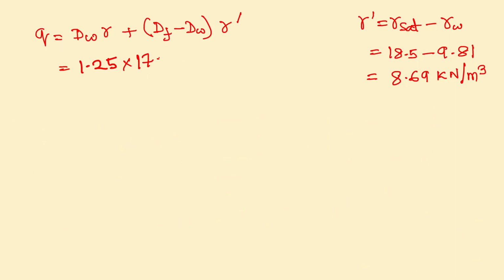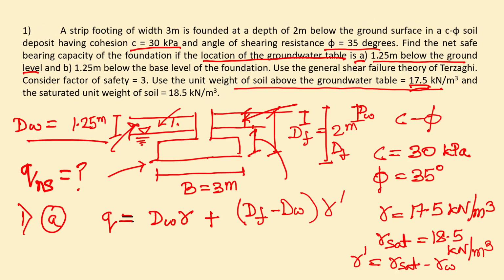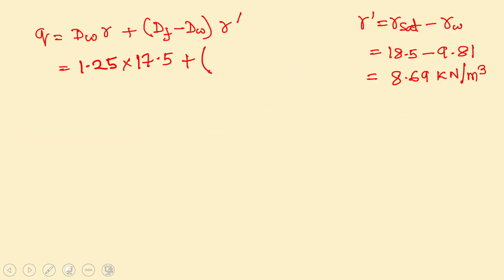So 17.5 plus this portion Df minus dw. Df is 2 meter, so it is 2 meter minus 1.25, and gamma submerged is 8.69.